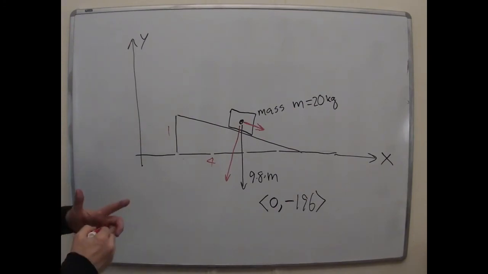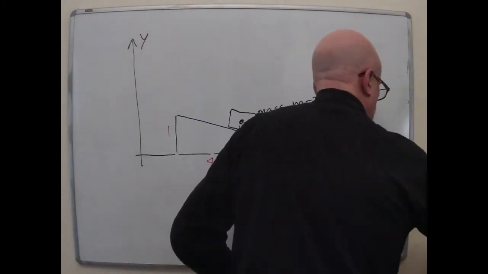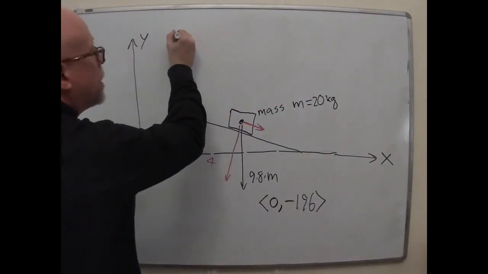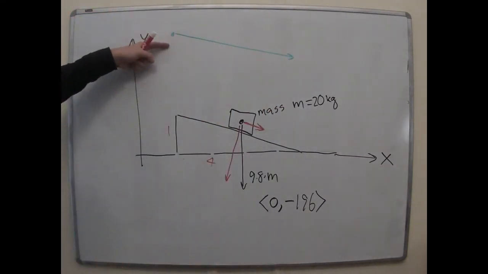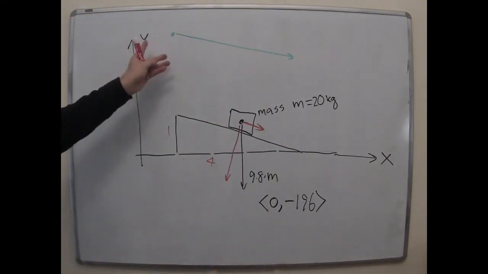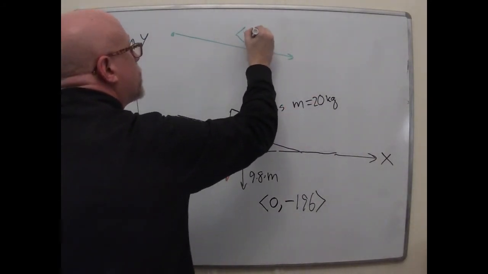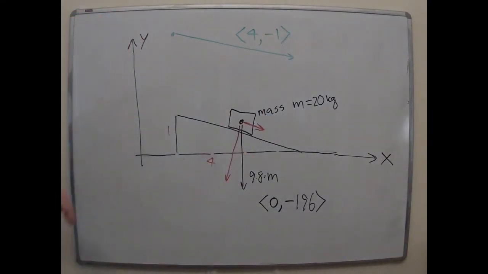That means we can get a vector in that direction. I'm going to draw it up here. Its components will be a -1 in the y direction and a 4 in the x direction. So it's 4, -1. Right? So there's a vector in the direction of the top surface of that plane.